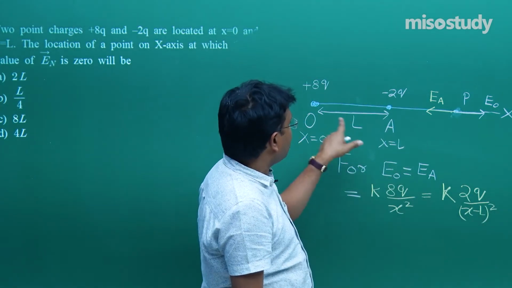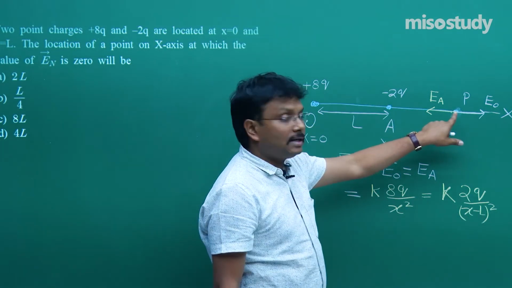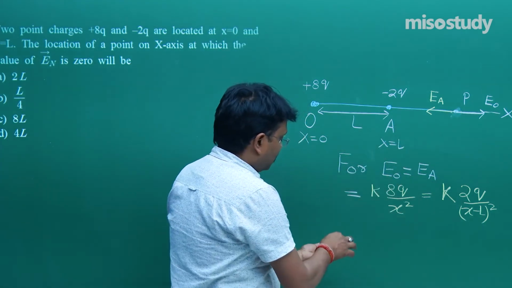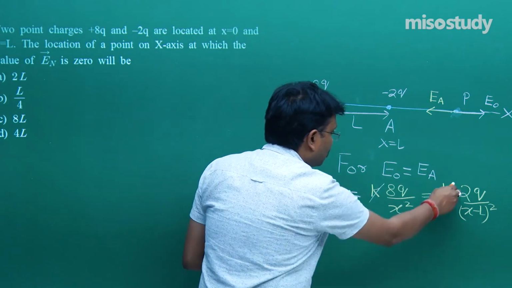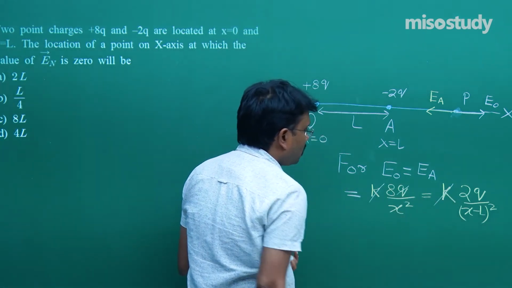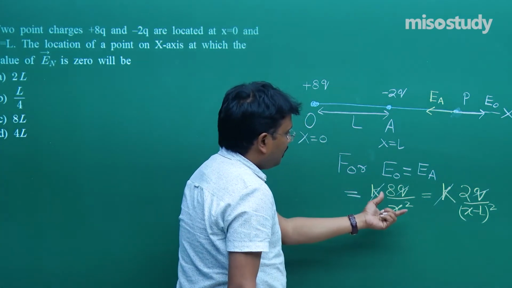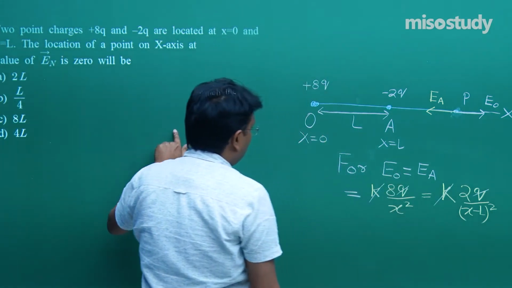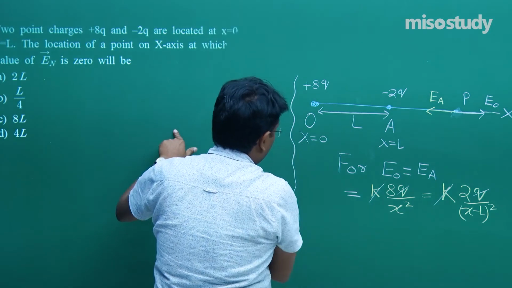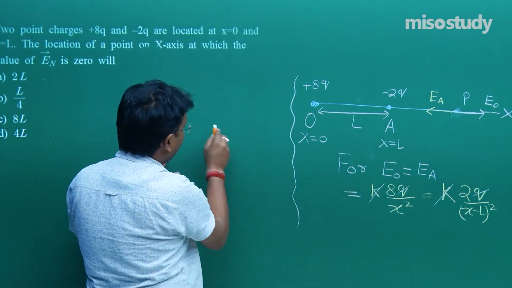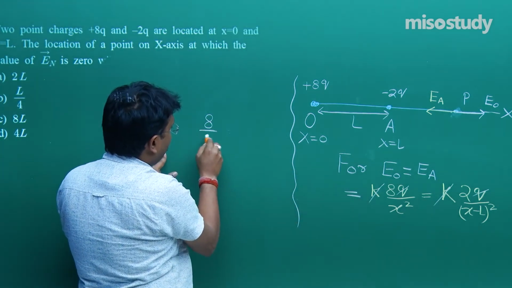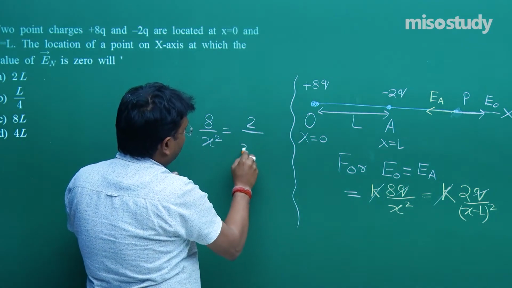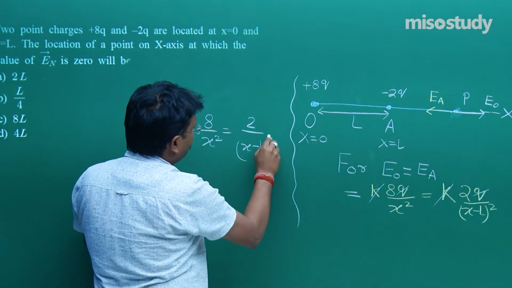What exactly we are doing? We are saying that the total distance is x. Fine. So, K and q cancelled, and then what exactly we have left? It is going to be 8 upon x square is equal to 2 upon x minus L whole square.